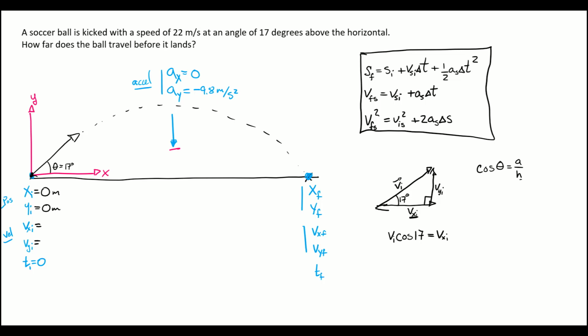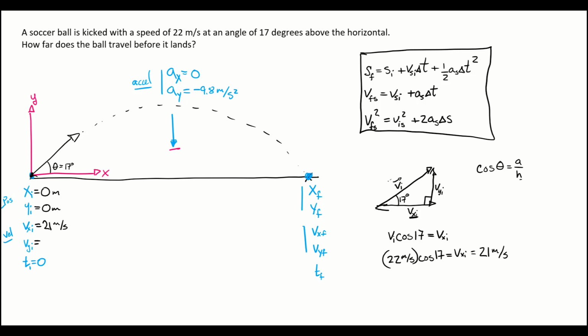The hypotenuse is the magnitude of this vector here. So that's going to be 22 meters per second times cosine of 17 degrees is equal to Vx initial. And if I enter that into my calculator, it ends up being 21 meters per second in the x direction.